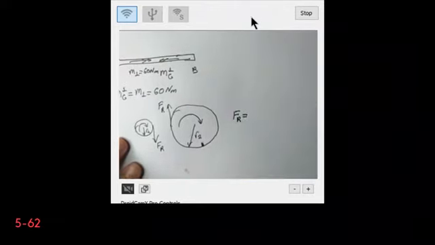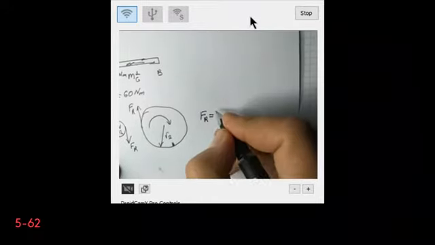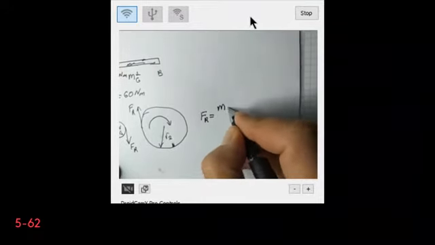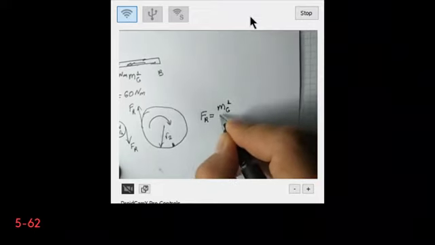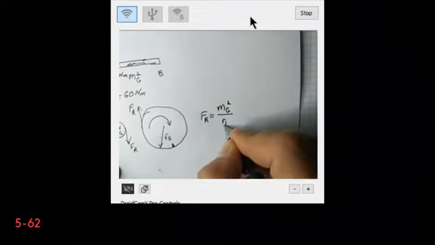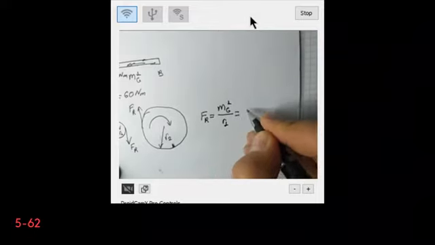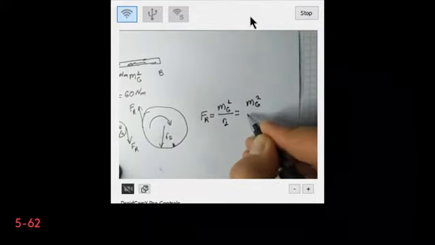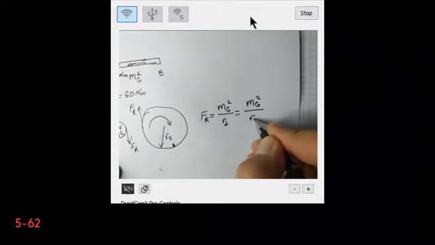Fr is equal to mg1 divided by R1, and that's equal to mg2 divided by R2.